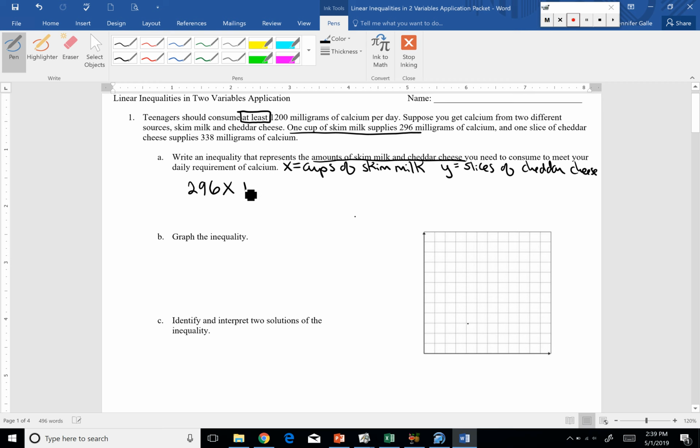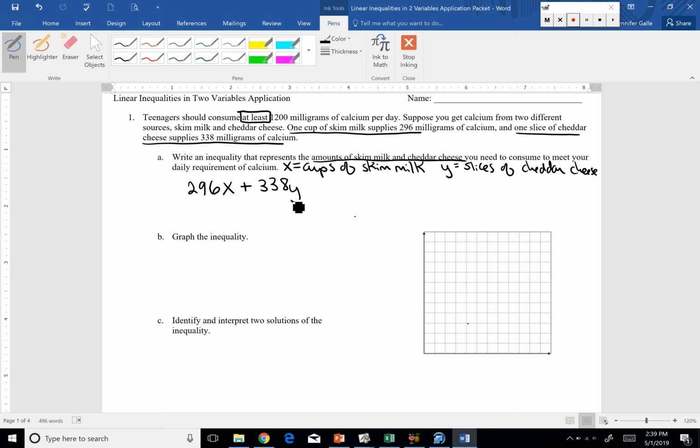Now, in addition to that, we had our 1 slice of cheddar cheese, 338. So 338 milligrams every slice of cheese. X is cups of milk, Y is slices of cheese.